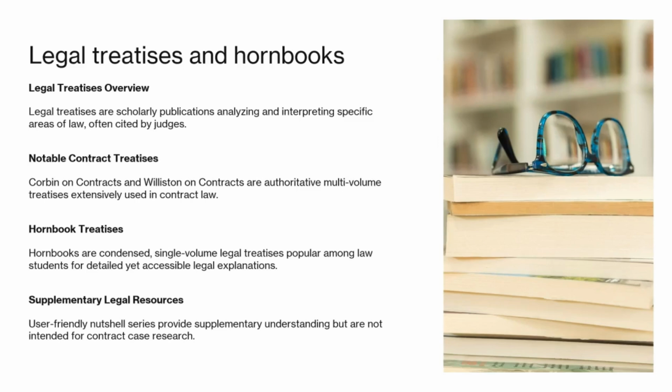Notable hornbooks on the UCC and sales include White and Summers' Hornbook on the Uniform Commercial Code, and also the user-friendly Nutshell series published by Thomson West. It's not to be used in research of a contract case, simply a supplement for understanding general legal concepts.